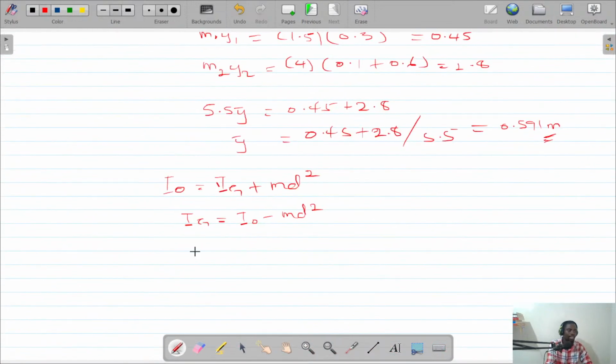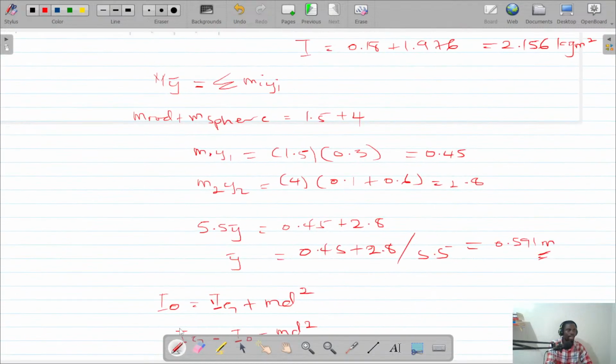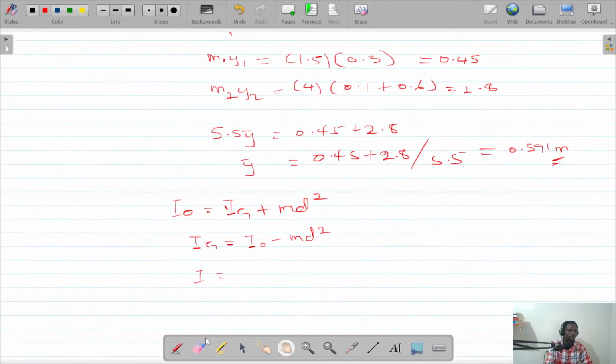So IG will be equal to the IO. Oh, I didn't add the O there, so this is IO, and that is 2.156. So we have 2.156 minus total mass, which was 5.5, multiplying 0.591 squared. Now that gives us our IG.